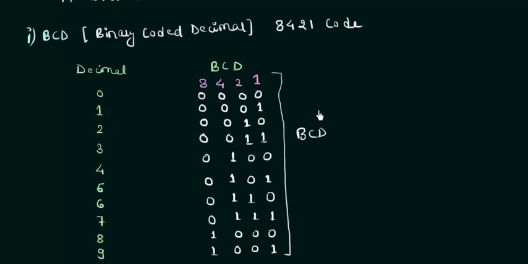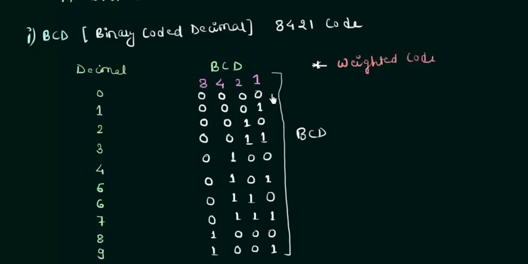Let us see some of the properties of this code. The first one is that it is a weighted code. Why is it a weighted code? Because there is a weight for each position.